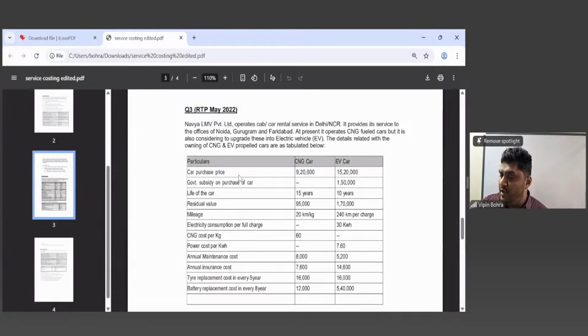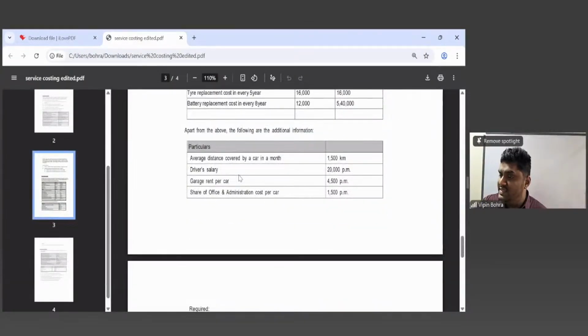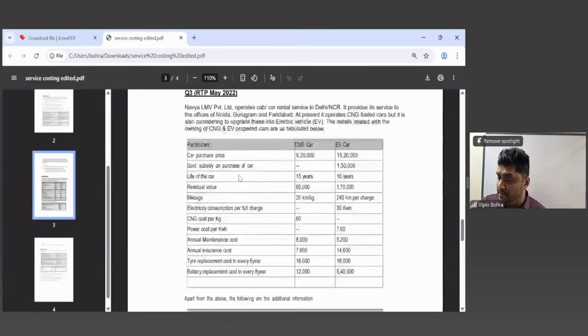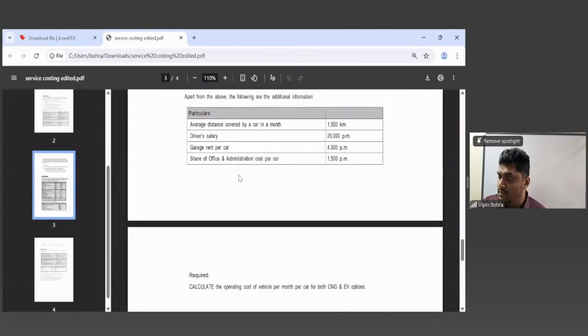This is the first page of the question. This is the second page. And this is what we have to calculate. So let's start with this question.